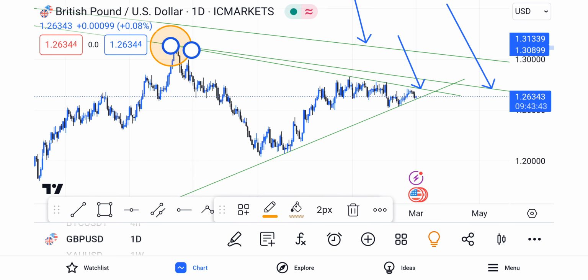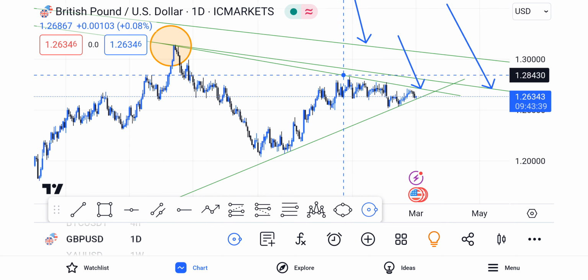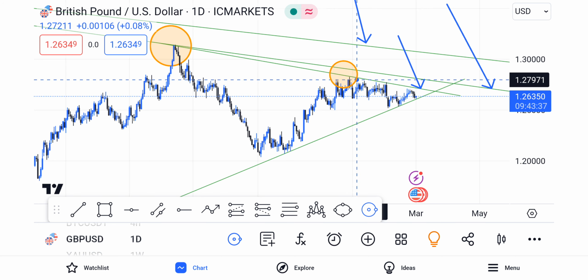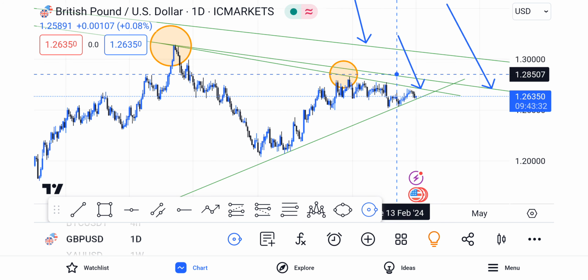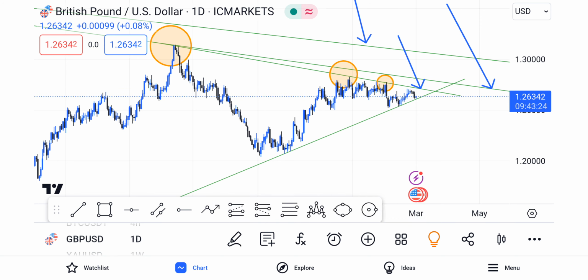First touch comes again down, second touch nicely, and what do you see again? When price approaches that trend line again, this is where we got a nice sell on GBP USD. So this is where we had a huge sell on GBP USD, just using these trend lines, guys.